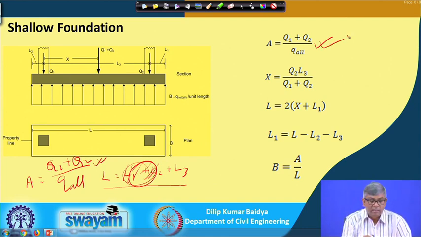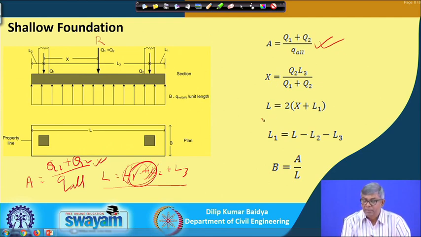And then x, that means the point of application of this load. Suppose Q1 and Q2 are unequal, we do not know where the resultant will act. In that case I can take moment with respect to this point, at a distance x. If the resultant is R, then R equals Q1 plus Q2. So x into (Q1 plus Q2) must equal Q2 multiplied by L3, and from there I will get x.